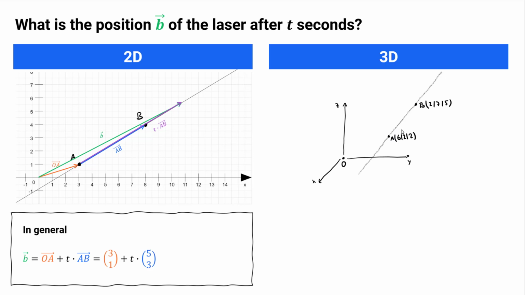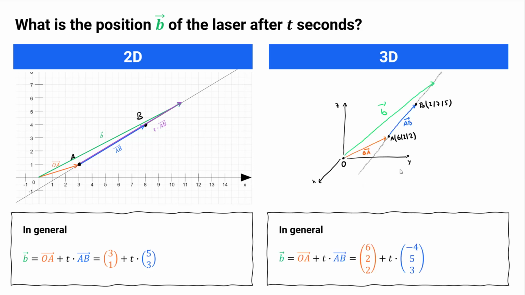So again, we can describe the position of the vector after t seconds with a general formula. Like in the two-dimensional space, we had a starting position plus t times direction vector, and we can do the same in the three-dimensional space. So also here we have the starting position, which is at A, plus t times the direction vector, which is AB in this case.